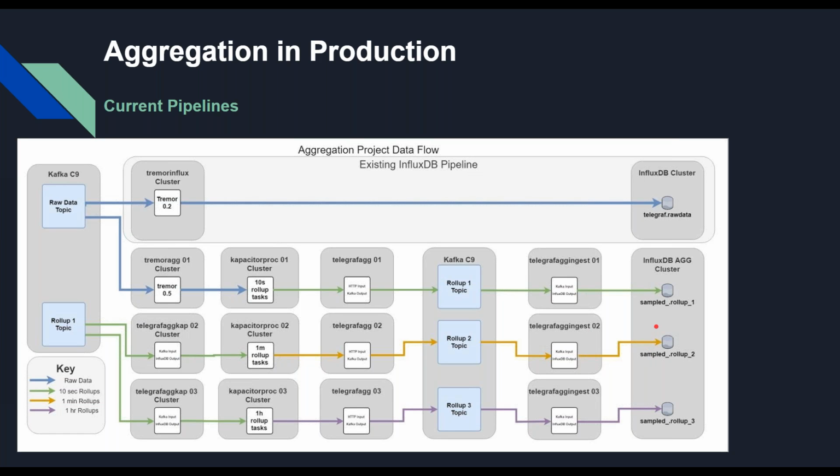Something we'd noticed going back to our raw data pipeline was that the cluster was a lot more performant when we had larger batches and fewer overall calls to the API. So all this was based on tuning it so that we were keeping the overall hits to the API as low as possible, along with some technology constraints in terms of having capacity to get the data into Kafka so that we could do the batching and use the 10-second rollup to feed our 1 minute and our 1 hour aggregates.